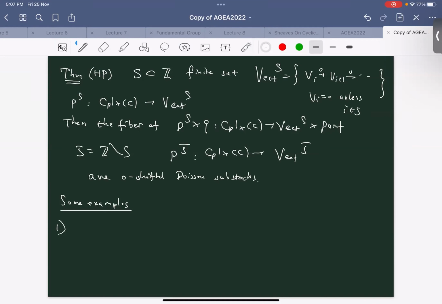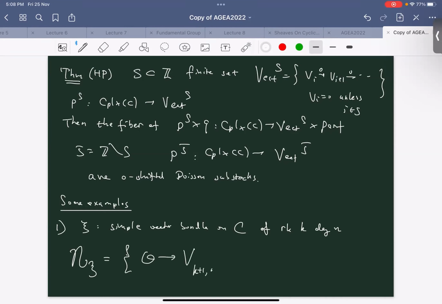Okay, so you may wonder why I need these things. Let me give some concrete example, and you see how this condition appears. Let C be a simple vector bundle on C, say of rank k and degree n. Then I introduce a stack which is called n C, which parameterizes two-term complexes, where the lower index corresponds to the rank and degree.